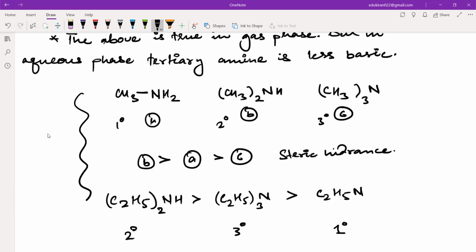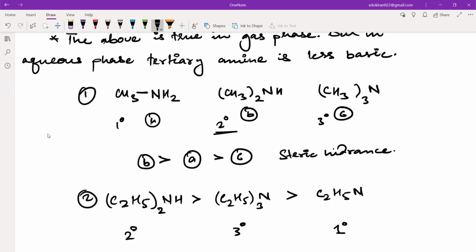So you will not be asked directly. If you are asked about the basic character of amines, and they have given you a comparison between 1 degree, 2 degree, and 3 degree, there will be only these two questions given to you. None other question will be given to you, because whatever the order is, you cannot predict the order just by the inductive effect and the steric hindrance. It depends on various factors.